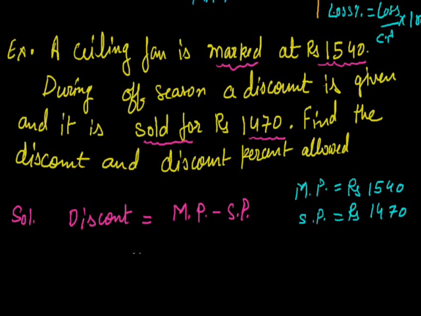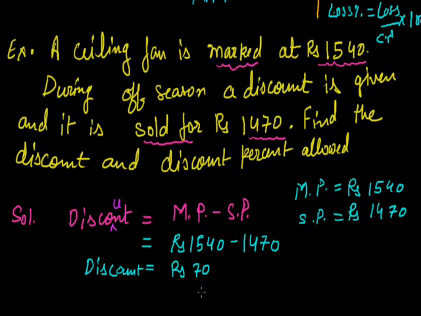Putting these values in this formula, the discount is equal to rupees 1540 minus rupees 1470, which is equal to rupees 70. Now this is the discount.